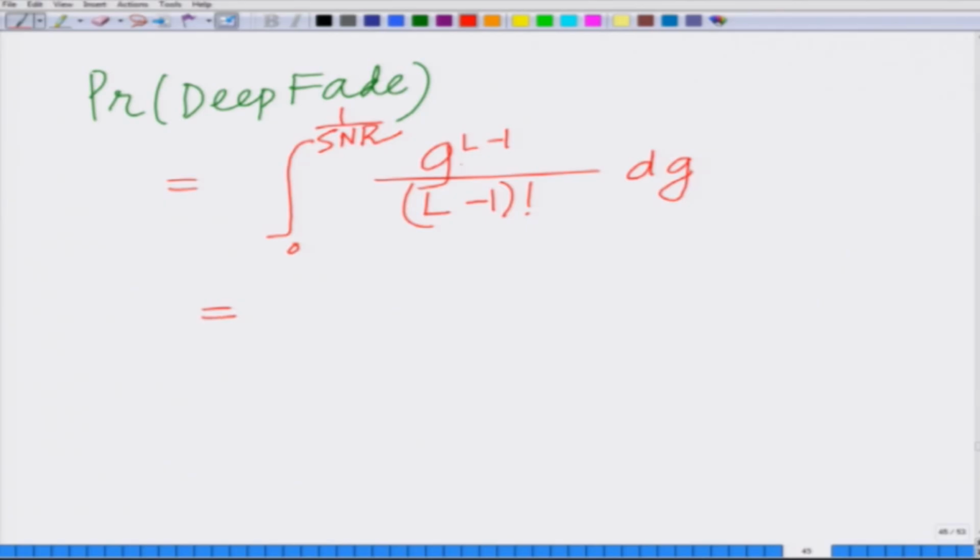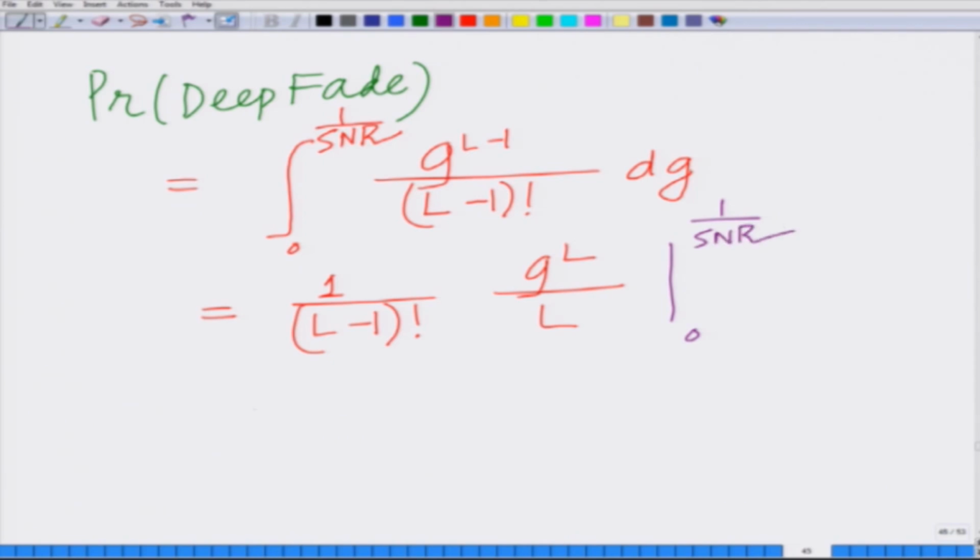This is further equal to, now I can evaluate this integral. So, this is 1 over L minus 1 factorial times the integral of G to the power of L minus 1, which is G to the power of L divided by L, evaluated between the limits 0 to 1 over SNR.